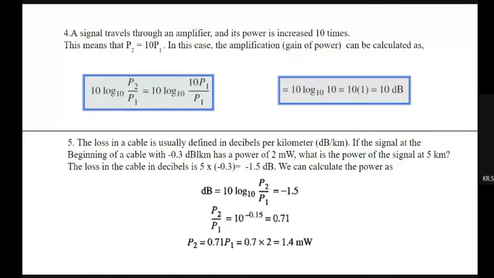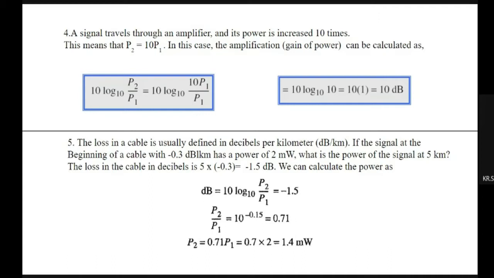What is the formula for that? 10 log 10 P2 divided by P1. So we know the value is minus 1.5 for the 5 kilometers, from the loss of cable. Now we have to find the P1 value.